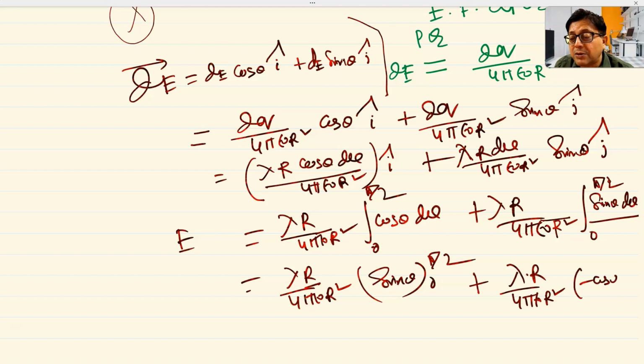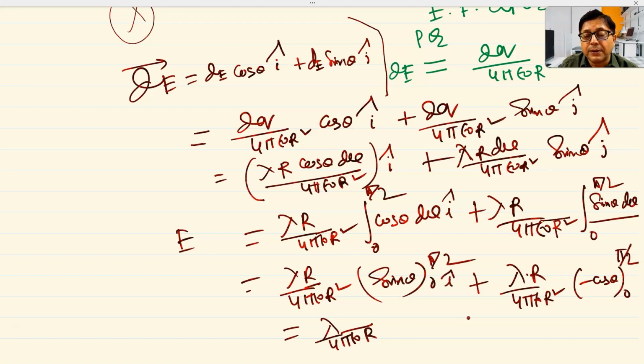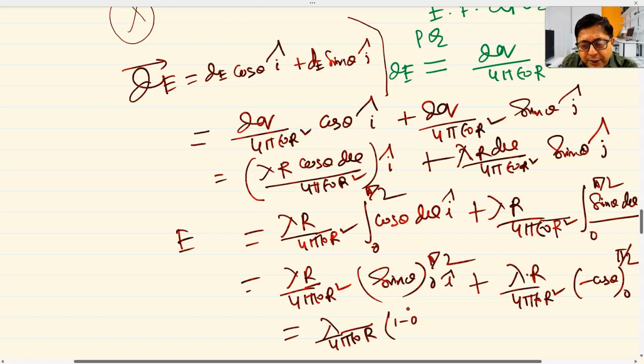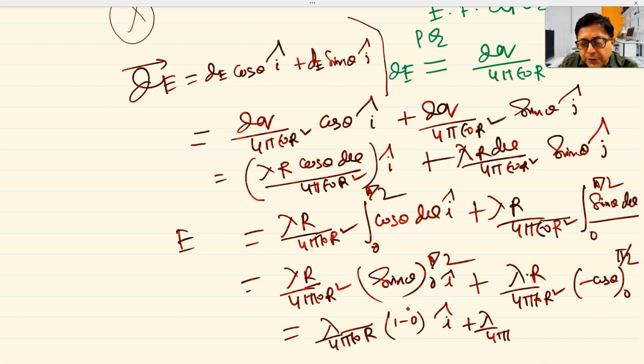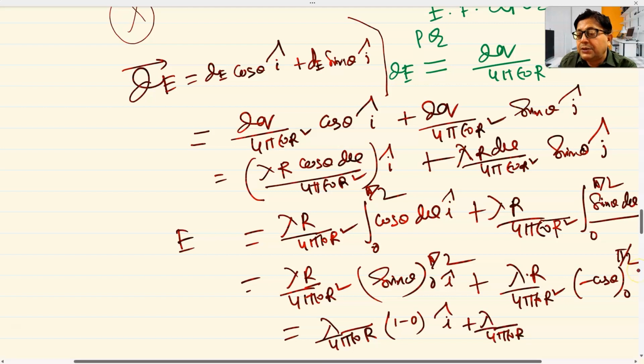And this will be lambda by, sin theta is minus cos theta 0 to pi by 2. So this will be what? Lambda by 4 pi epsilon 0 r sin 90 degree, that is 1, and this way it was vector i cap. Cos theta integration done, put upper limit minus lower limit, 1 minus 0 i cap, plus lambda by 4 pi epsilon 0 r. This is what?